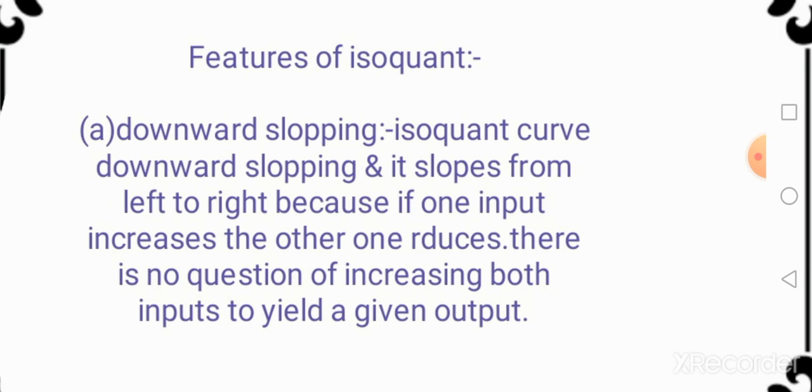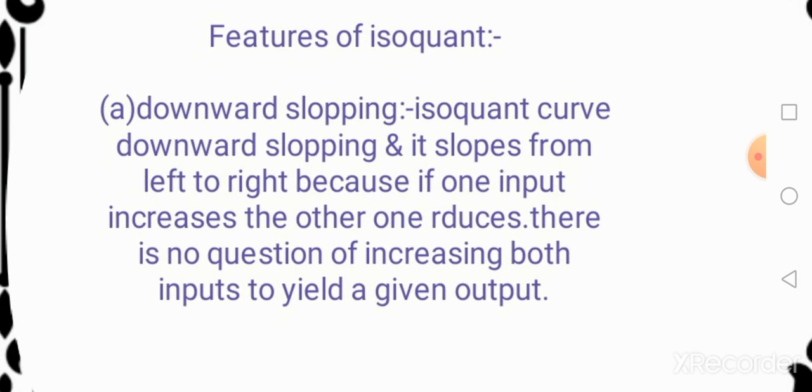There is no question of increasing both inputs to yield a given output. If you observe the graph, the isoquant curve is downward sloping because if the labor increases, capital decreases, and if the capital decreases, labor increases. So there is no chance of increasing both inputs for yielding a given output.